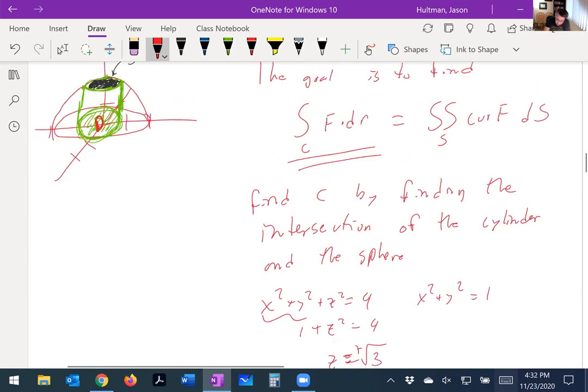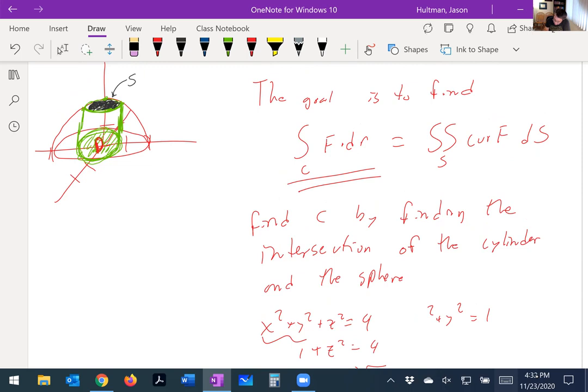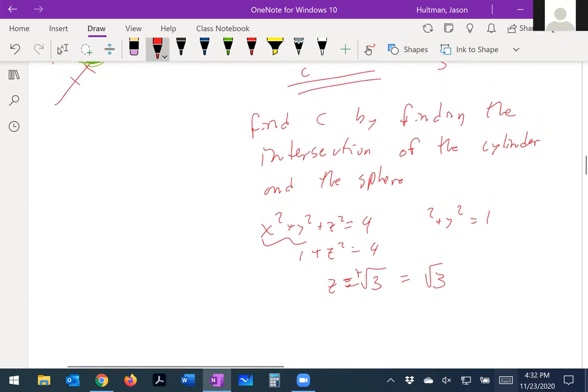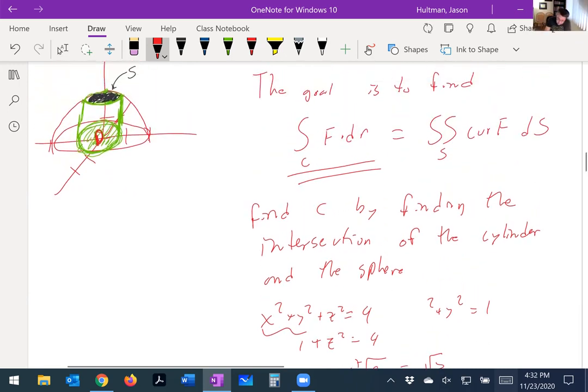It can only be positive, so z equals radical 3. At z equals radical 3, these things intersect.